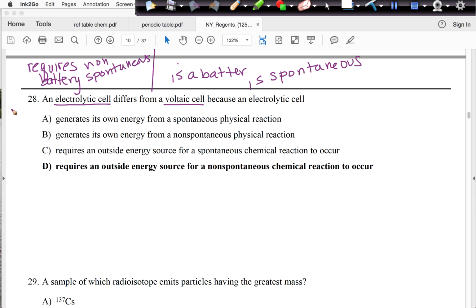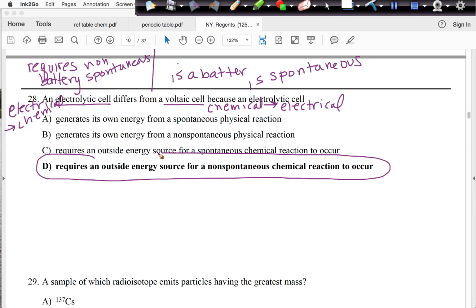We know that an electrolytic cell takes electrical energy and converts it to chemical, and a voltaic cell takes chemical energy and converts it to electrical. The electrolytic cell always requires the outside energy source for the non-spontaneous chemical reaction to occur. And our electrolytic cell will always have that picture of a battery, or it will be shown to be plugged into the wall like your cell phone charger, something like that.